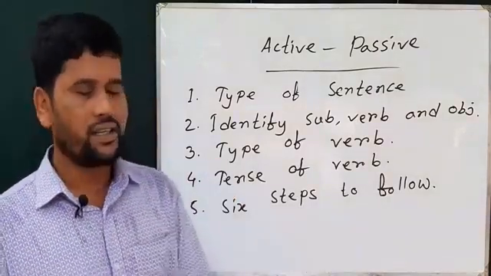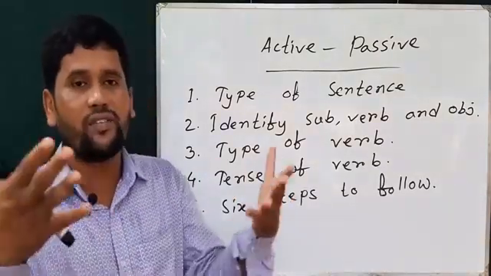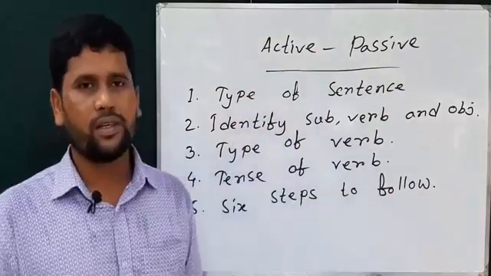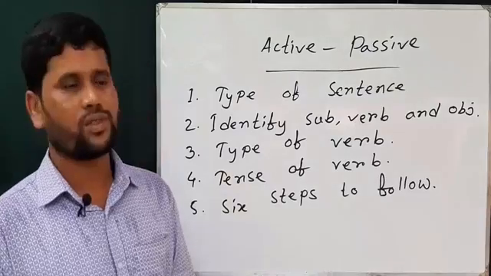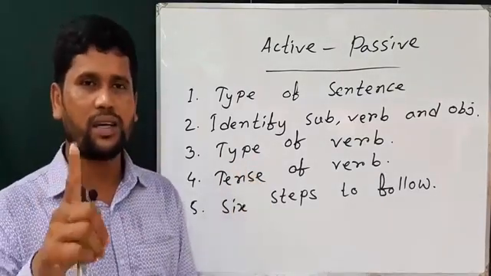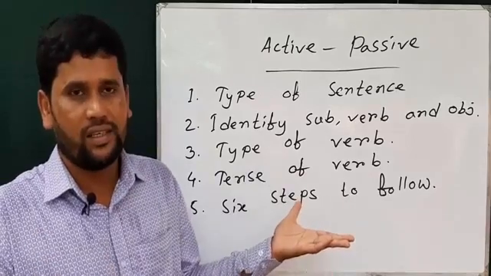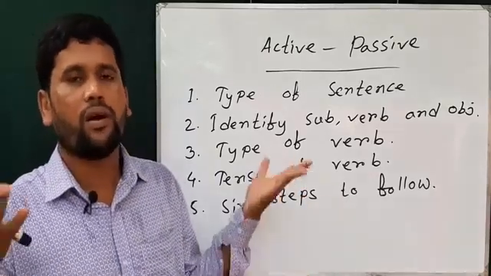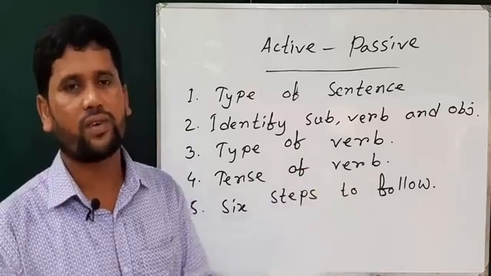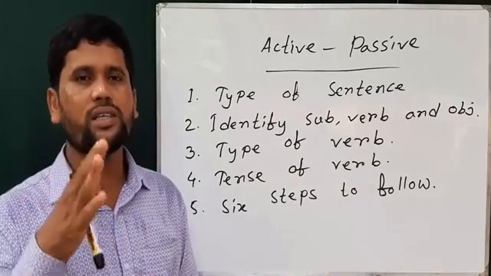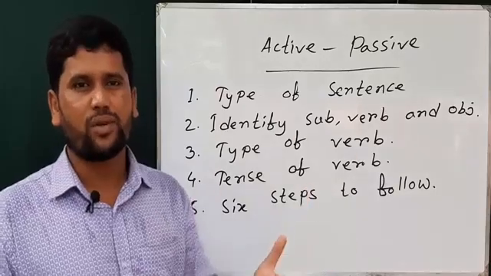Then number 3, you need to know the type of verb, because changing active to passive depends on the verb. So, number 3, you must identify the verb. What kind of verb? Is it quasi-passive or reflexive or reciprocal or other verb? Here, I would like to say we only change action verbs, not stative verbs.